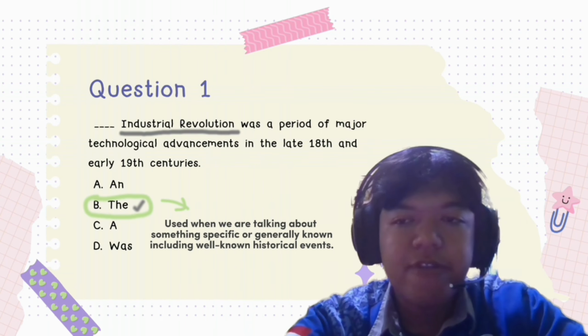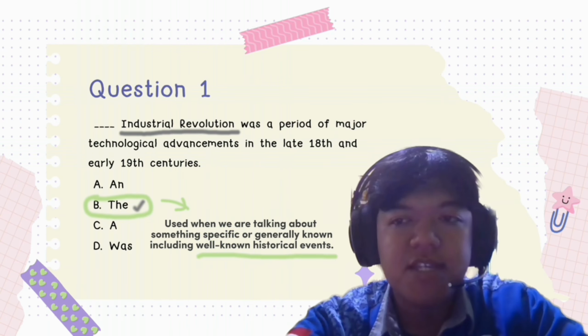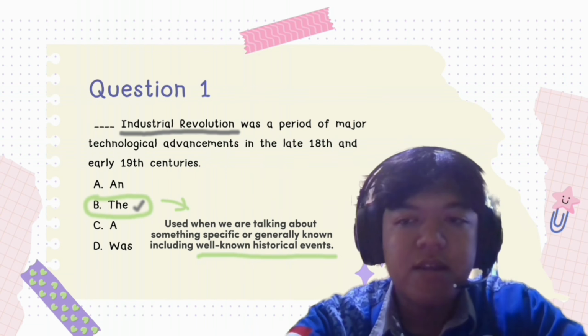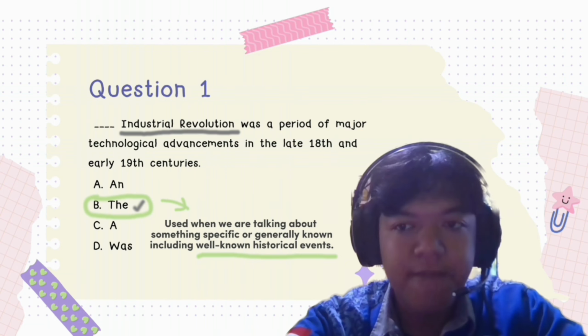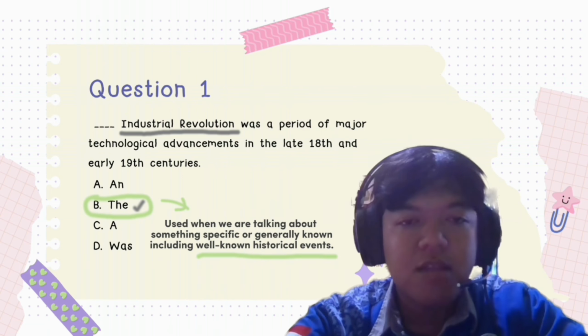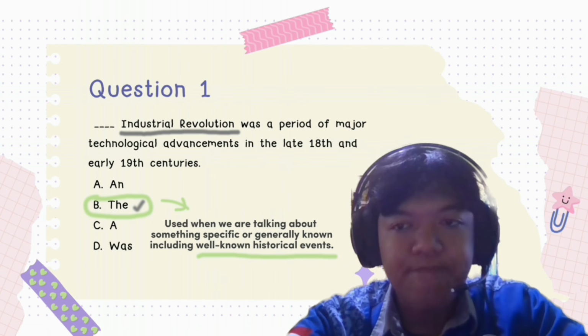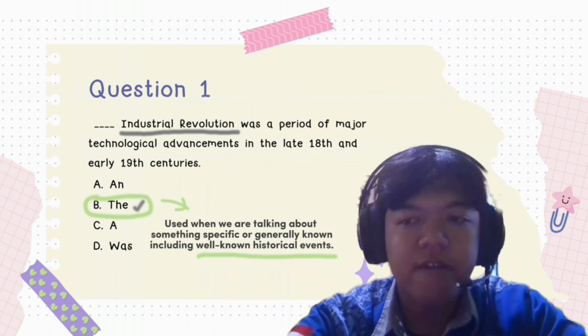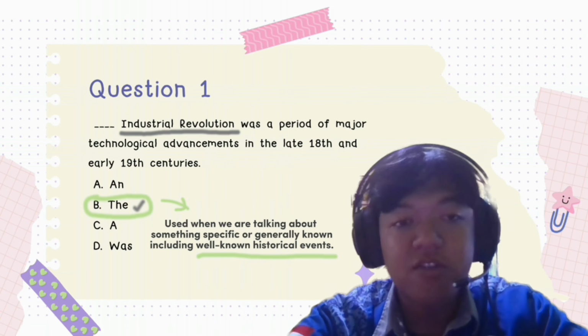The Industrial Revolution is a specific and well-known historical event, a time of great changes in technology and industry, starting from the late 18th century to the early 19th century. Therefore, we use the in front of Industrial Revolution to indicate that we are talking about that specific historical event.